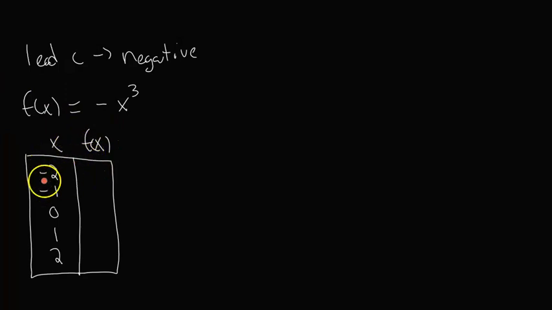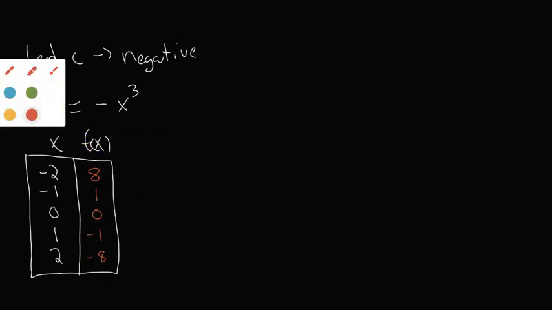When we place a -2, we result with a +8. When we place a -1, we result with a +1. A 0 again is a 0. A 1 is going to be a -1, and a 2 is going to give us a -8.